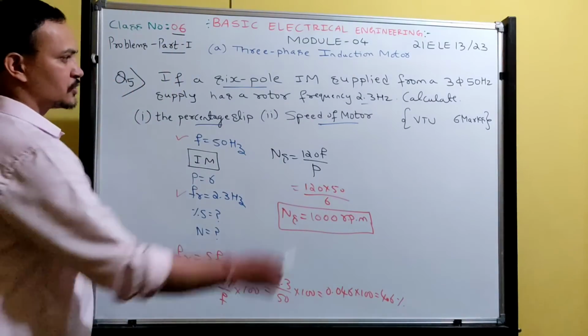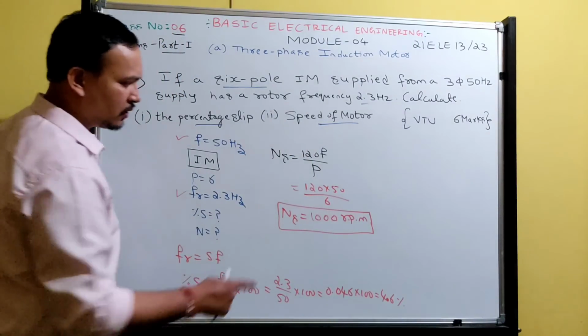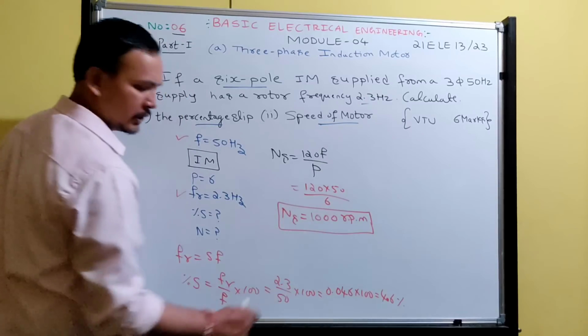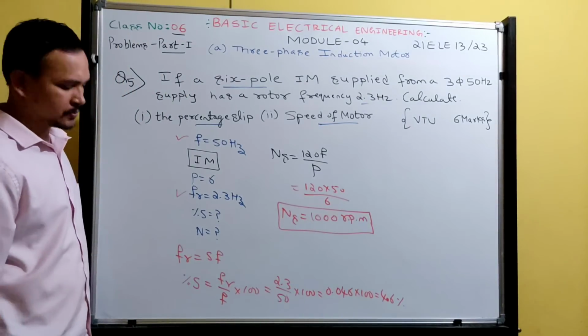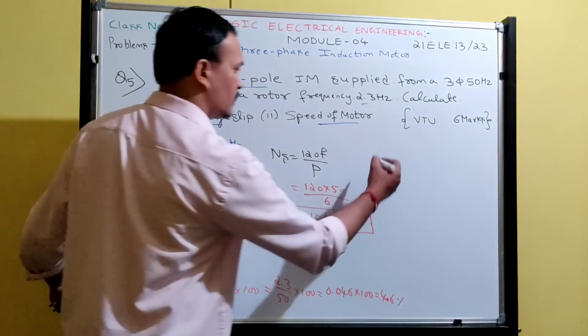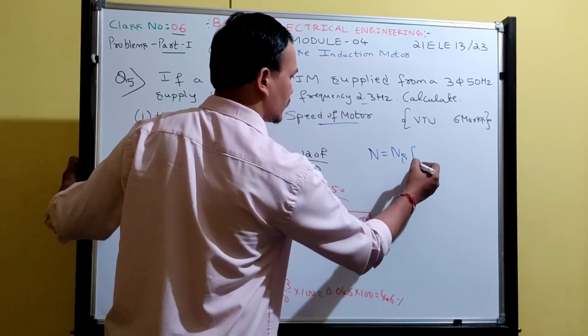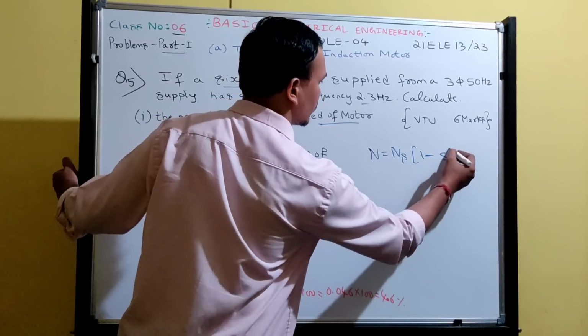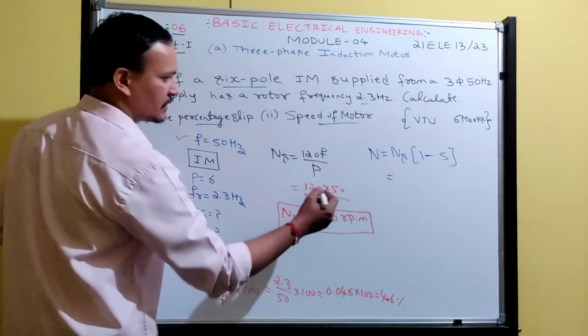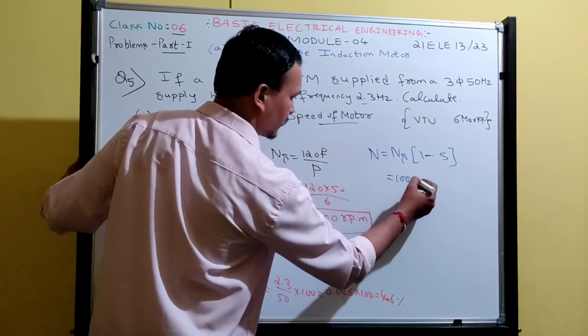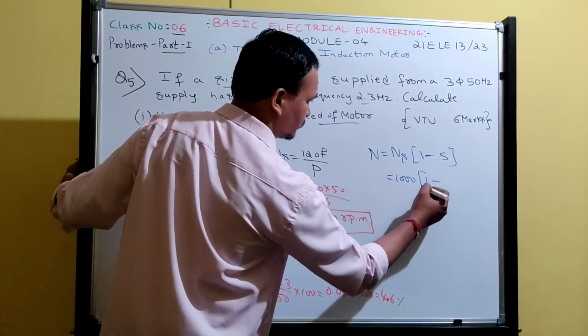So next is speed of motor. See, if I know Ns and slip value, I can easily find the speed of the induction motor. Now the formula is N is equal to Ns within the bracket 1 minus s. What is the value of Ns? 1000 rpm into 1 minus.